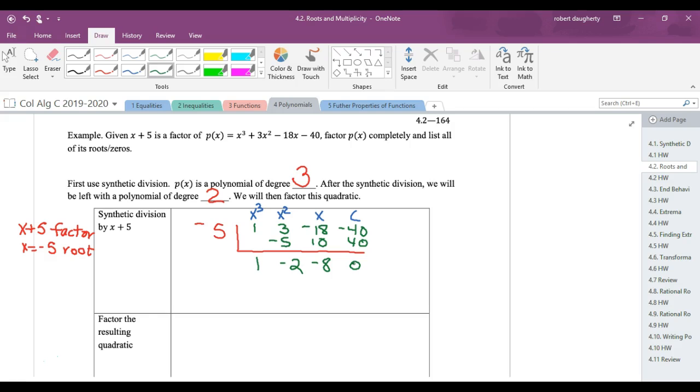Okay? So how do I read this answer? This is x to what power? Squared. This is x. That's the constant. That's the remainder. So I now know that this polynomial, p of x, is equal to, what is the factor that I know? x plus 5, that's the first factor.